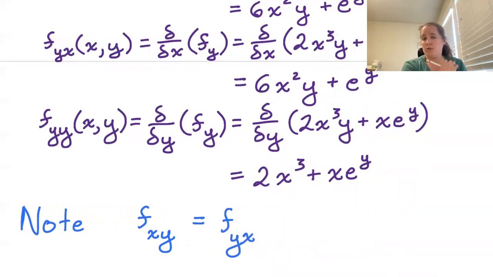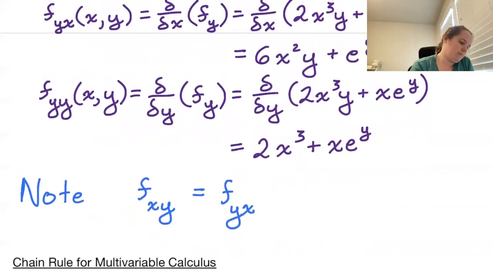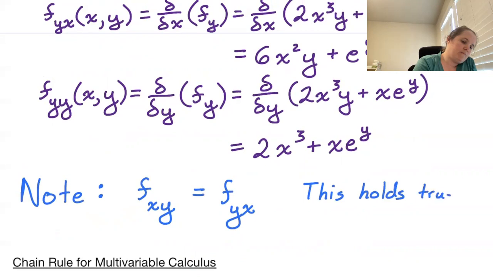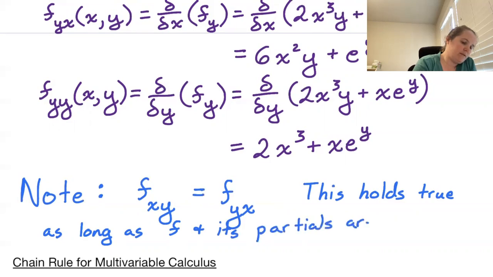So this holds true as long as the partial derivatives are continuous in an open rectangle. So this holds true as long as f and its partials are continuous around the point.